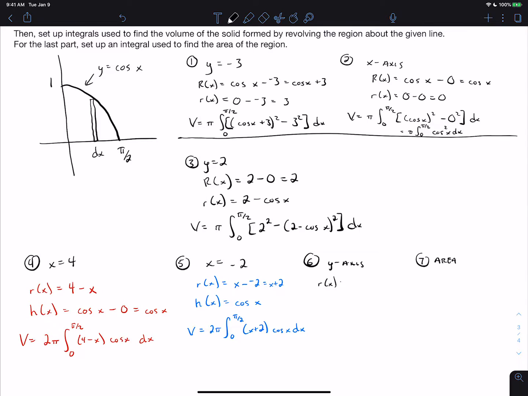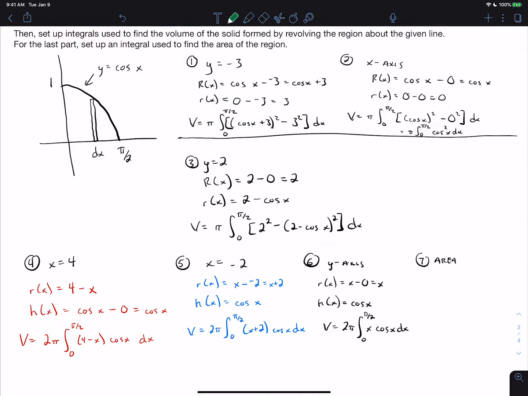R is the distance from the rectangle to the line. That's x minus 0, which is x. h is the height of the rectangle. That's cosine x minus 0, which is cosine x. Volume then is 2 pi rh. So it's 2 pi times the integral of x cosine x dx from 0 to pi over 2.